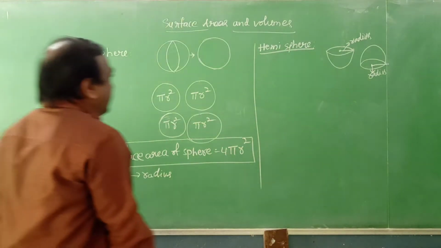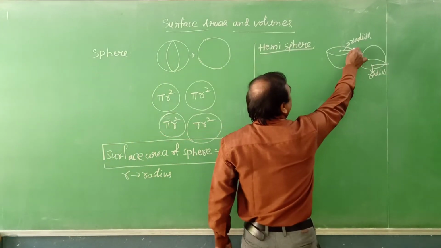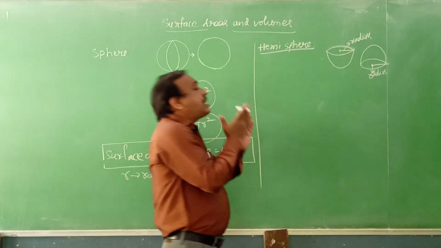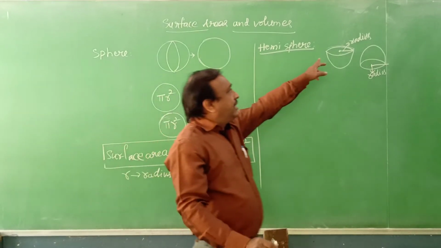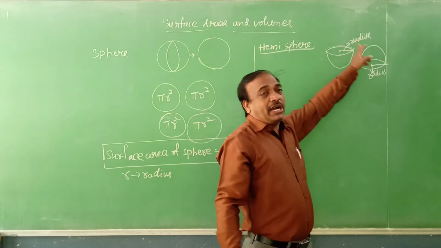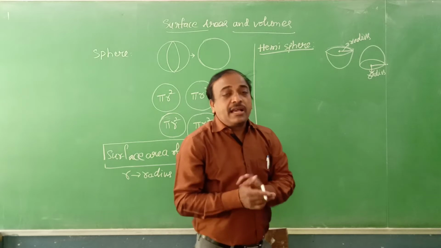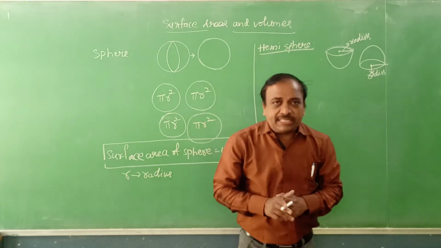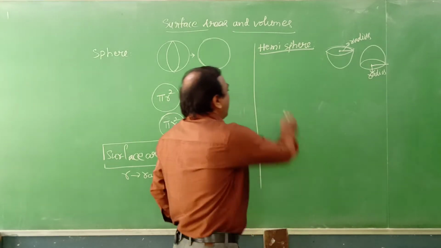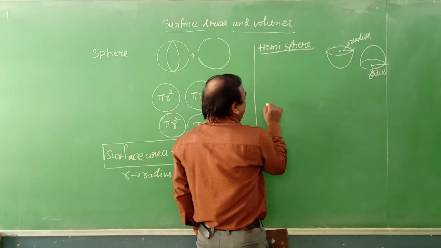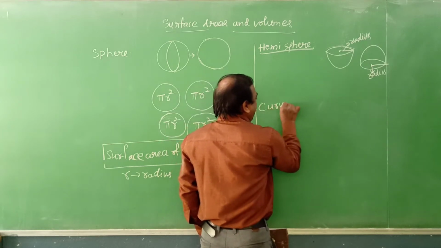Here is one circular shape. Observe it, this is one circle, the circular region. Half of the sphere we call a hemisphere. So for a hemisphere we have CSA, curved surface area.